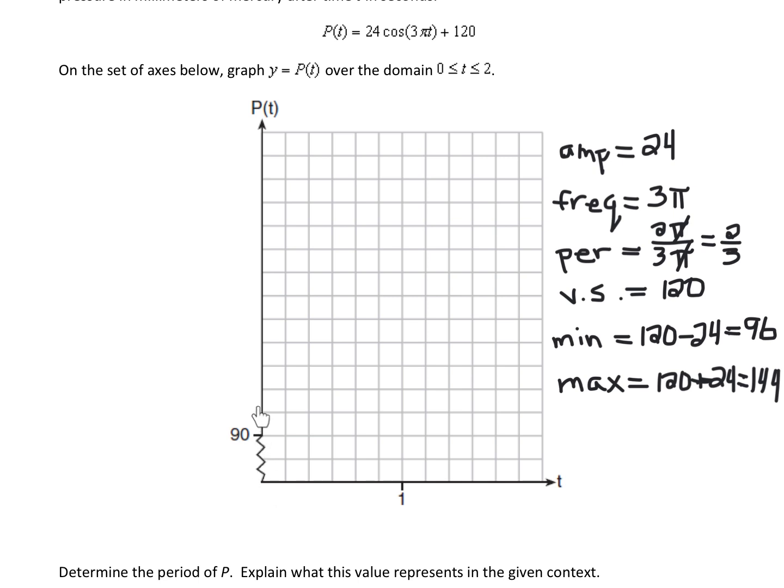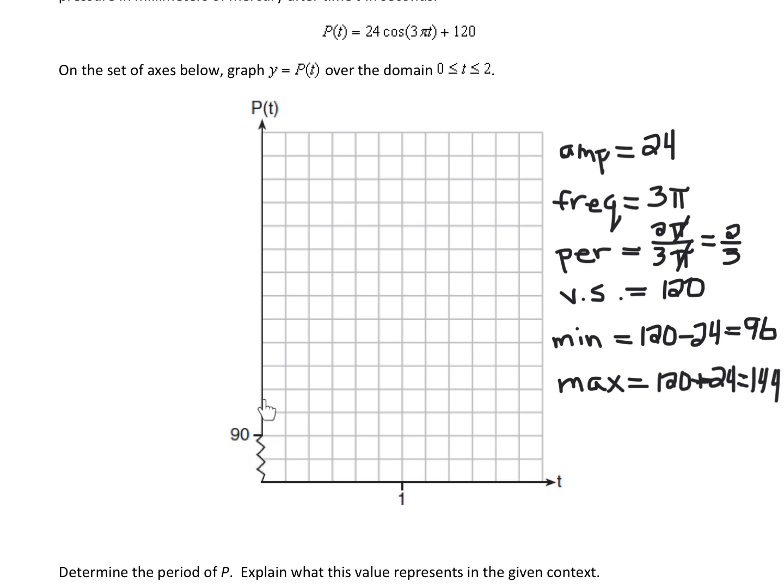So you could number by whatever you want, as long as it fits to give us up to 144. Now, I'm thinking, let's just see, if we number by 5, if this is 90, let's just see if it fits. 95, 100, 105, 110, 115, 120, it's going to fit. 125, 130, 135, 140, 145, and we only have to go up to 144.